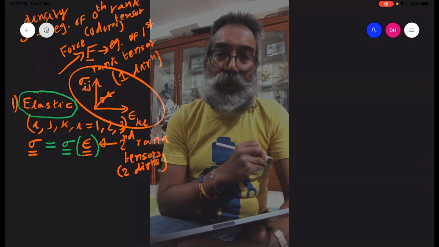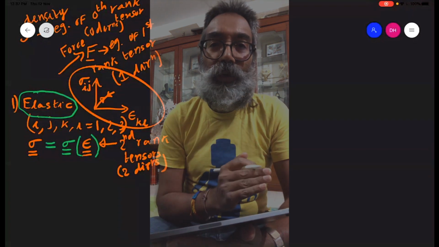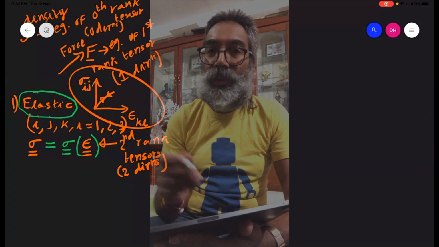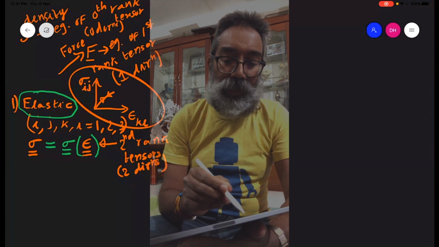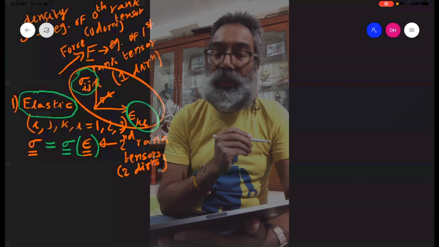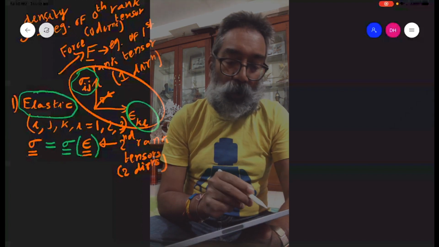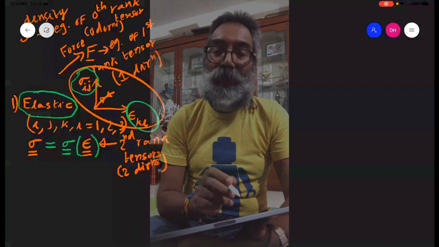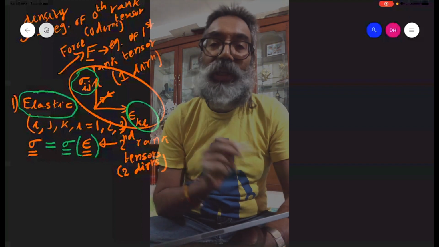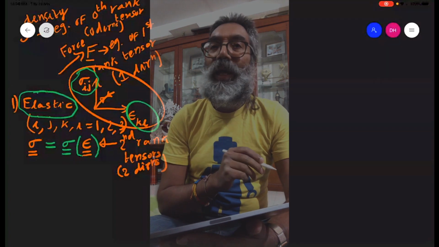In other words, given epsilon, I know sigma, and in a particular coordinate frame that is fixed, let us say x1, x2, x3, you have basically 9 components of strain and 9 components of stress, and the relationships between those is what we are saying is a one-to-one mapping. In other words, given an epsilon, there is a unique sigma, and vice versa. Given a sigma, there is a unique epsilon. So this is what elastic means.